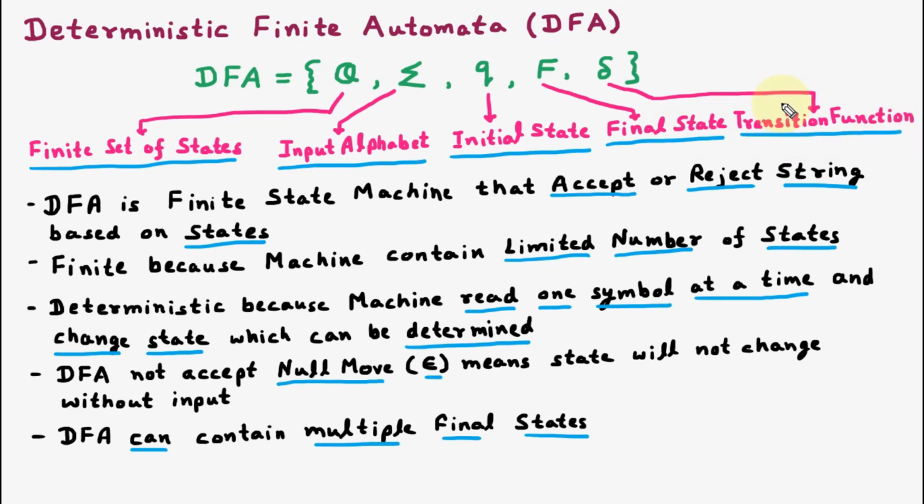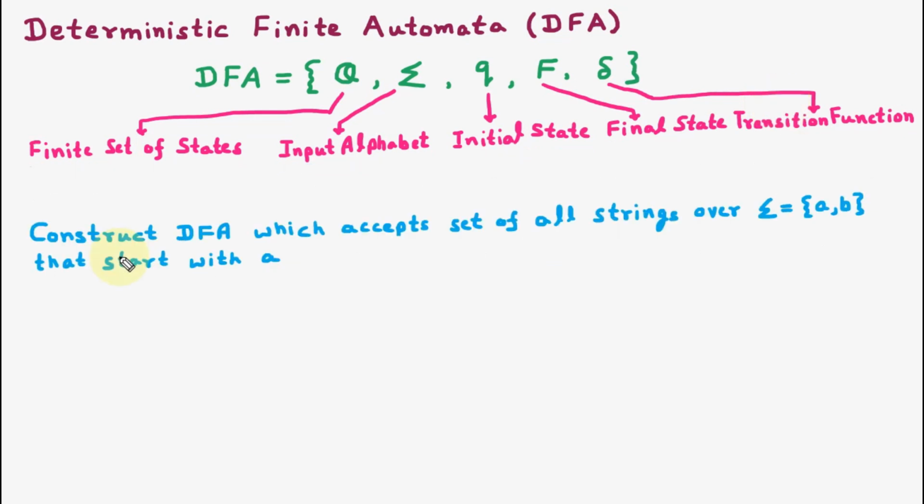To understand more, we are taking one example and will construct the corresponding DFA. So here we are taking one example. Construct DFA means we are going to construct the deterministic finite automata which accepts the set of all strings over sigma equal to a comma b.